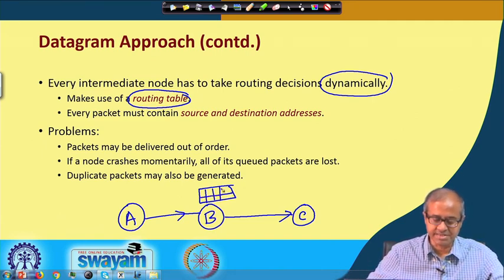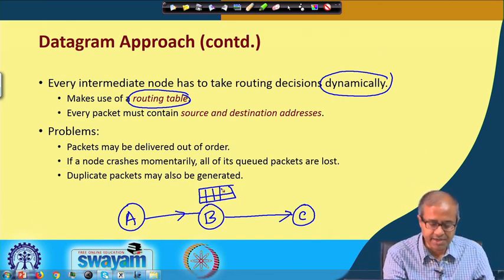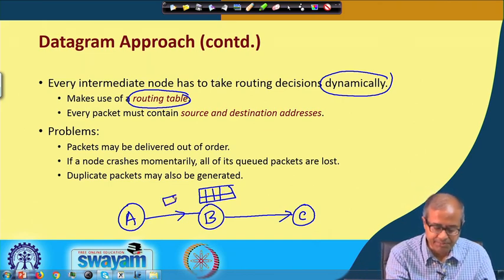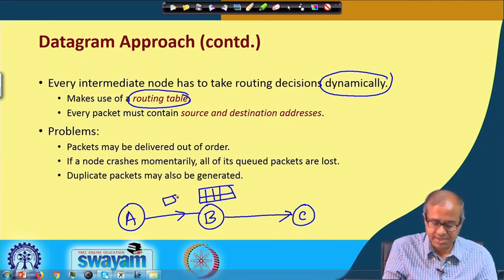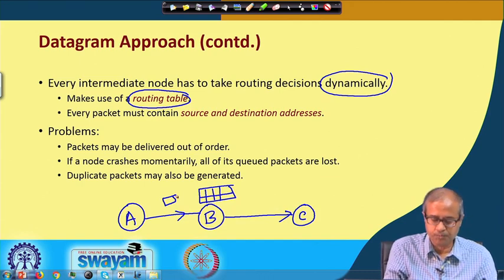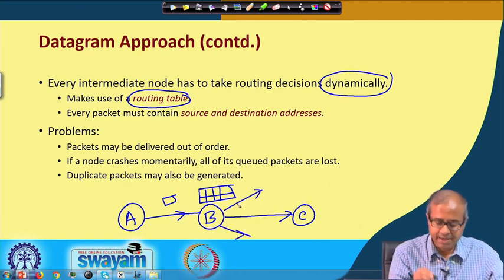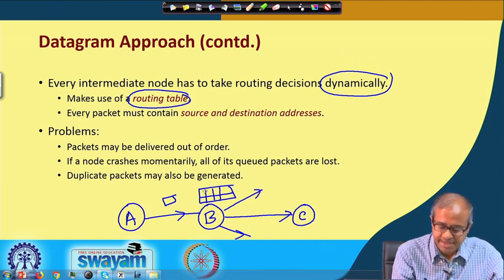That table contains relevant information, like whenever an incoming packet comes, where this packet has to be forwarded to. There can be multiple outgoing links from B.